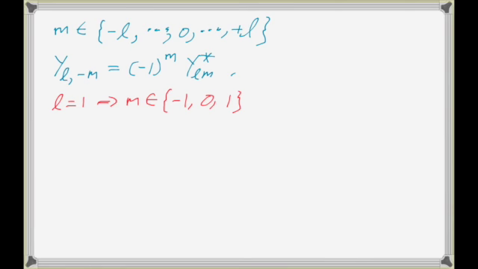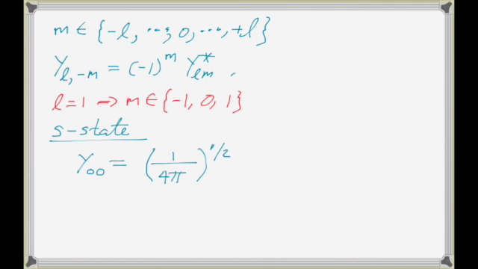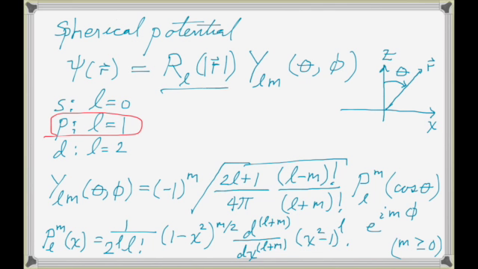Let's just write down what these are, all four of them. So we have an S state, which is our Y00, which is just a constant because there's no angular dependence to an S state, only radial dependence. This wave function was separable, so for an S state, you only have a radial dependence. There's no angular dependence at all.